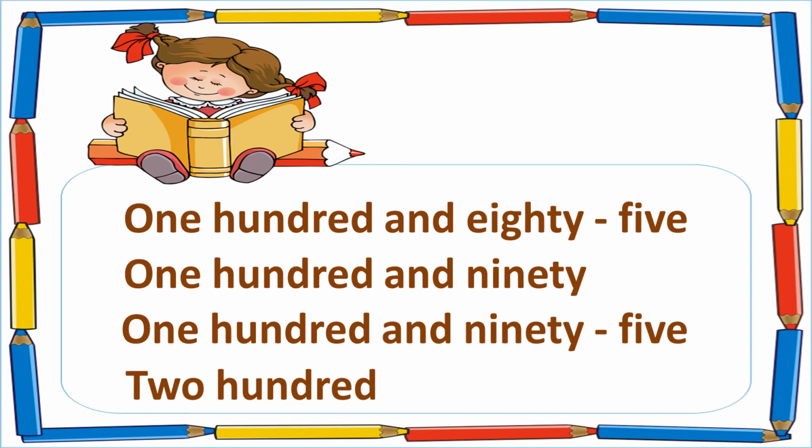Next is 185. Let's spell together again. O-N-E, 1. H-U-N-D-R-E-D, 100. A-N-D-E-I-G-H-T-Y, 80, hyphen F-I-V-E, 5.